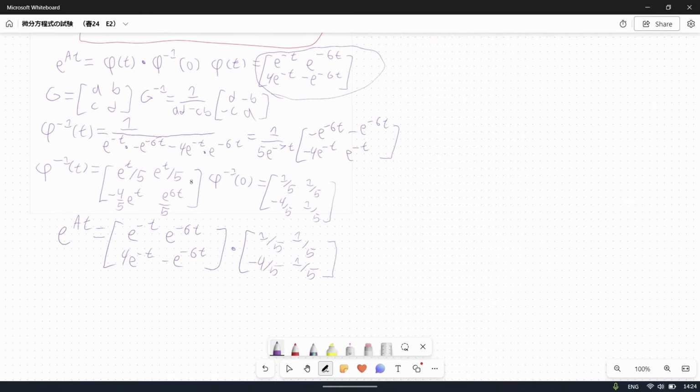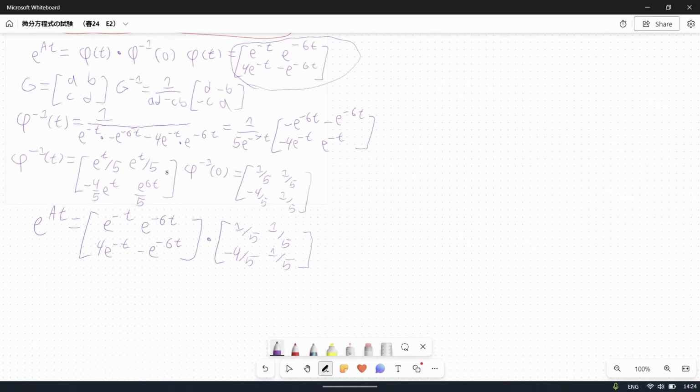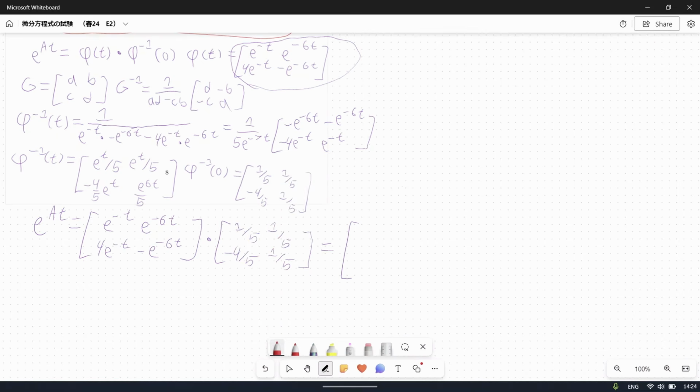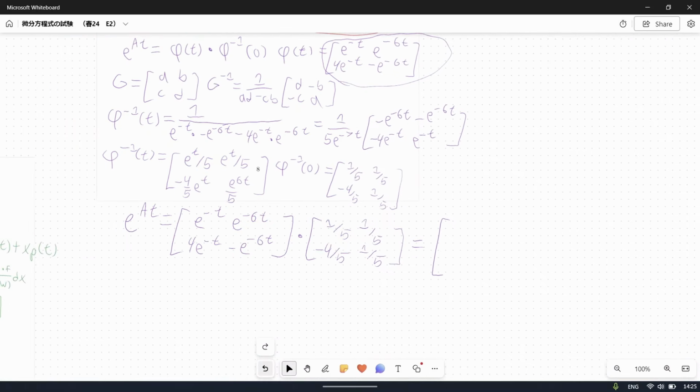And so in order to do that, we need to do this. So the new matrix is going to be, and I'm going to use a bunch of different colors here for that. So for the top left term, let's use red. The top left term is going to be this row multiplied with this column.